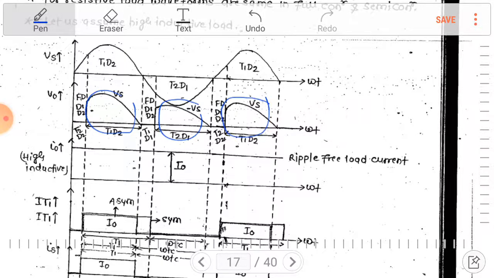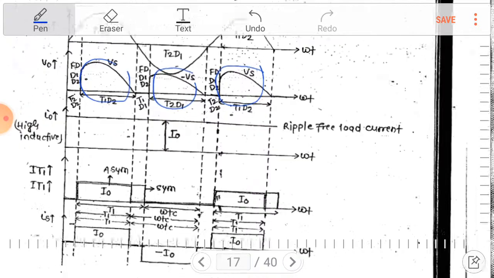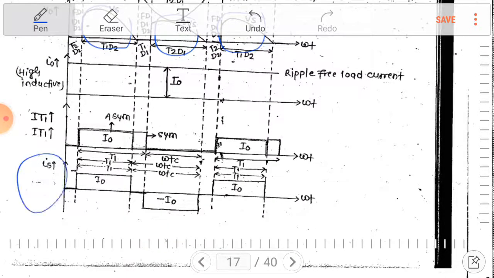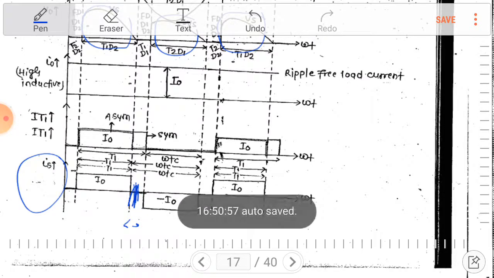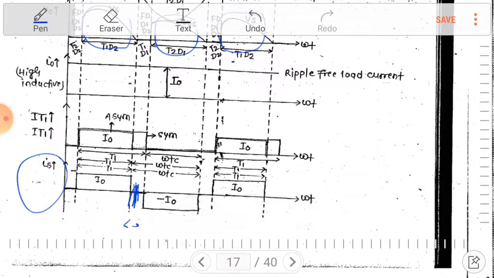For resistive and inductive loads we get such a waveform because negative spikes are removed in the freewheeling period. And this is the source current waveform we achieved. As we can see, during this period the negative or positive spikes of voltage are removed and current is zero at this time period.